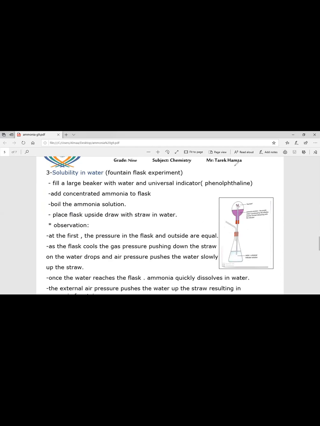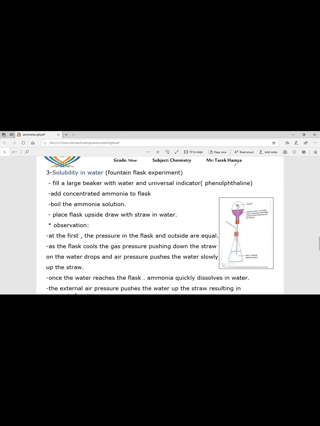Look at this picture. The steps of this experiment: fill a large beaker with water and universal indicator such as phenolphthalein. Add concentrated ammonia to the flask.